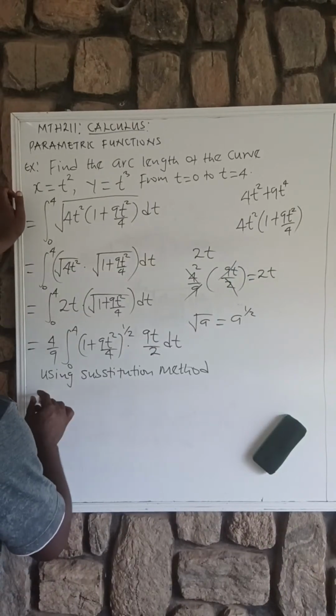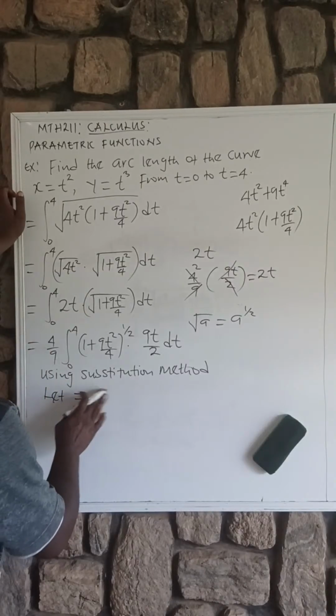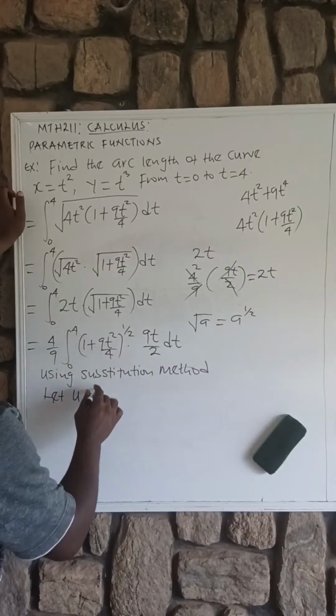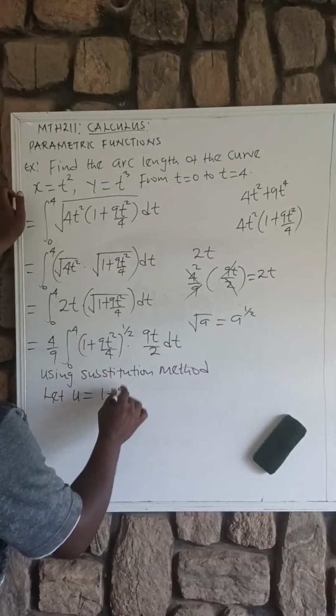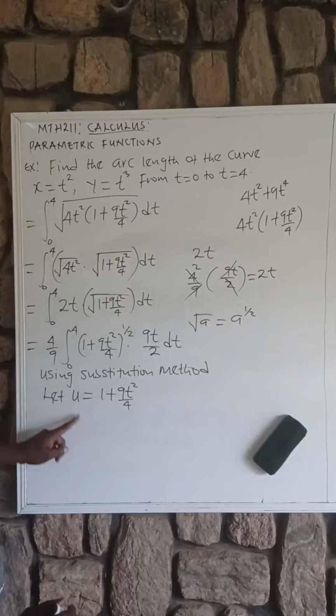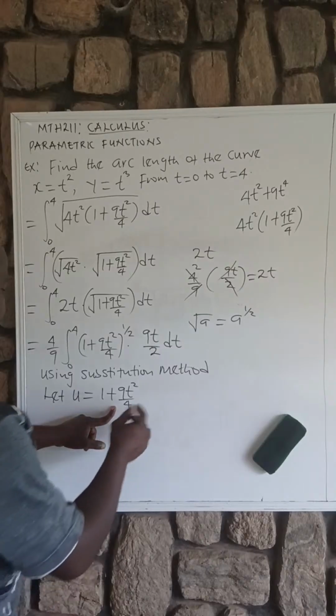So we can now say let u equal what is inside there, 1 plus 9t squared all over 4. At this point we are going to differentiate this.